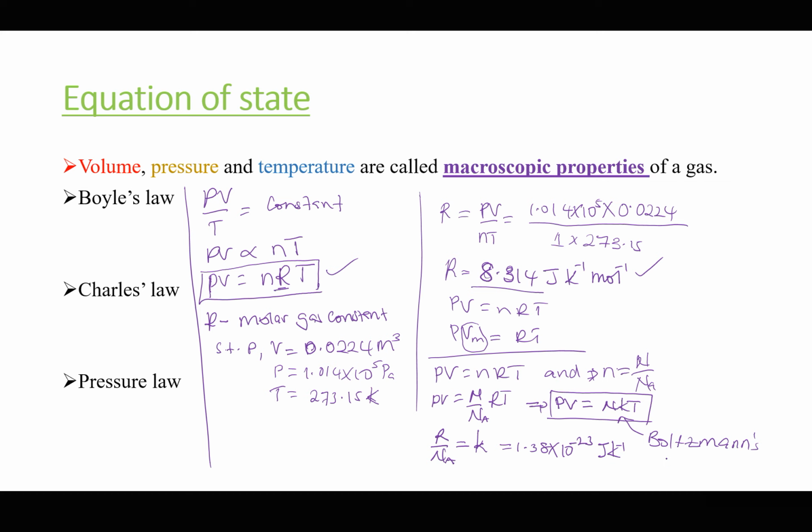And T is actually the absolute temperature. So we shall always be able to manipulate that equation to that point. So this is the ideal gas equation, or simply what we would call the equation of state.